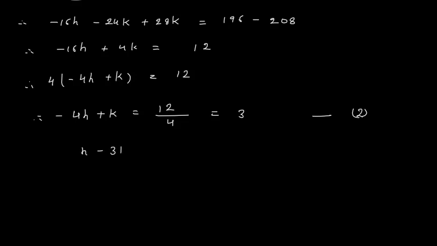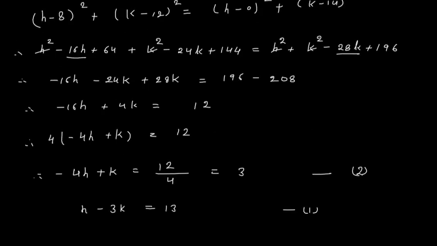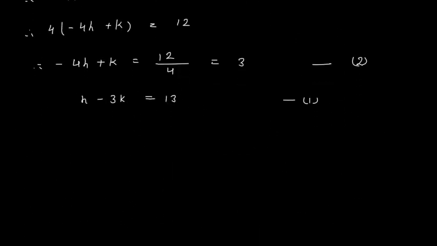Now I have to solve these two equations, equation 1 and 2. If I multiply equation 2 by 3, or if I multiply equation 1 by 4, anything I can do. Let us multiply equation 2 by 3.